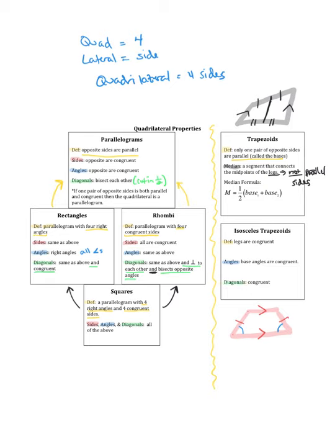So if I'm going to draw a diagonal, let's label this A, B, C, D. So what I just said is BD is congruent to AC. And up here, okay? So this chart you're going to be able to refer to again and again. If you want to stop and take a picture, go for it.